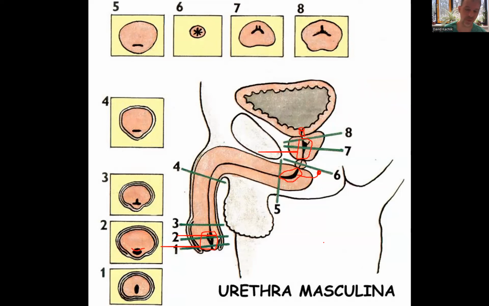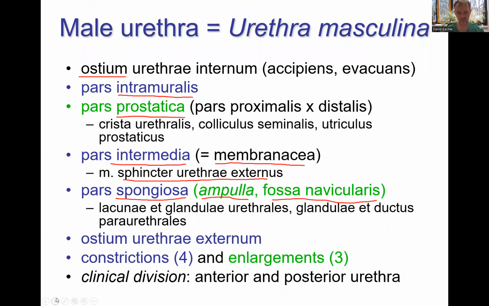It's a remnant from the development, as during the development an ectodermal bud grows here inside and forms this. So this ectodermal bud then canalizes, and so there's an opening, and during canalization such a blind recess can develop here. So don't forget that this valvule can be found here. And then we terminate with the external ostium.